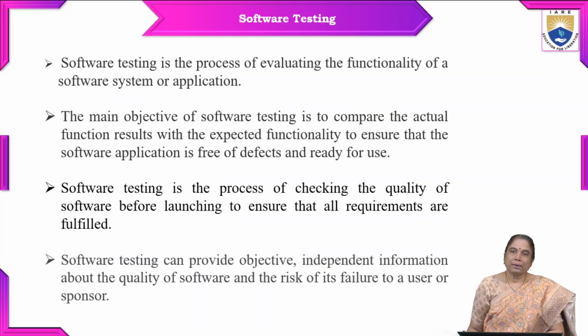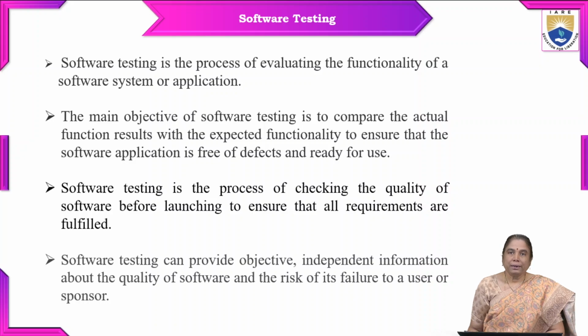What is software testing? Software testing is the process of evaluating the functionality of the application to be developed. The functionality is specified in the software requirement document. It is defined at the earlier phases of the development life cycle, during the analysis phase.